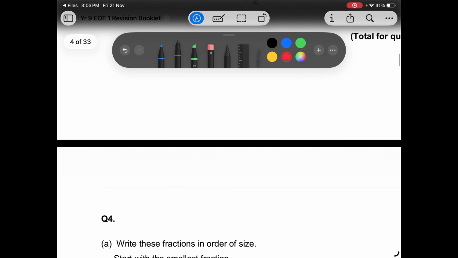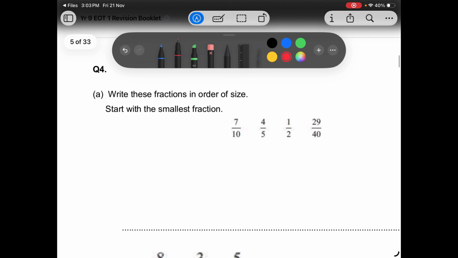Next problem. Here, students, the requirement is to write the fractions in order of size, starting with the smallest fraction.